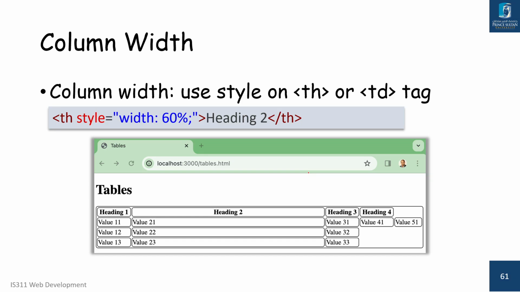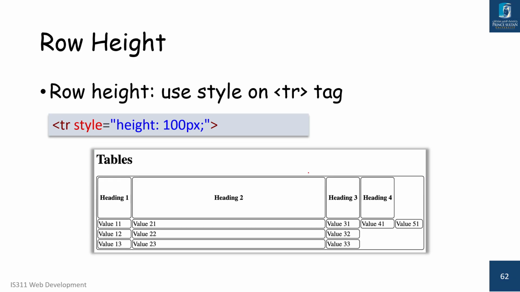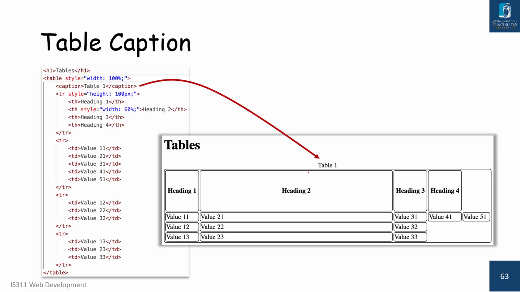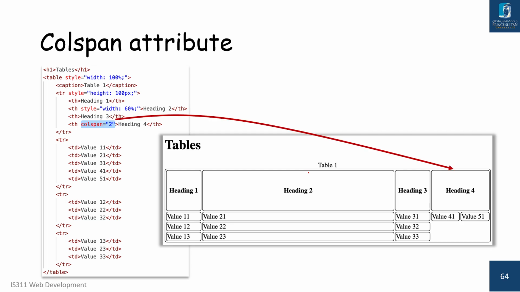So we can say 60% of the table should be covered by the second column heading. We can also apply the height. We can specify the height of the cells or the rows, and then we can also apply the caption. Caption is more like a small title for the table. Okay, and we can also have the row span or column span.